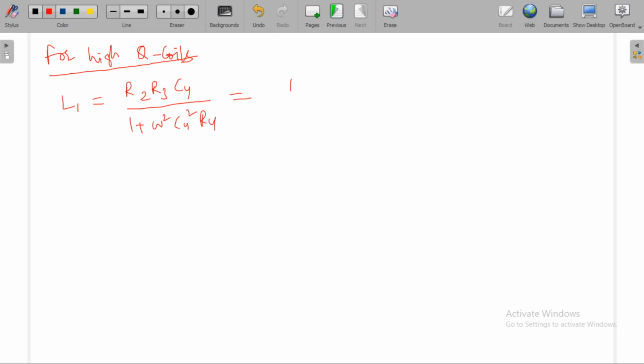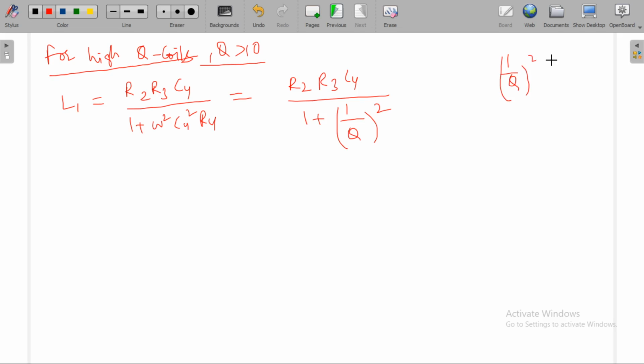This can be written as R2 R3 C4 by 1 plus 1 by Q square. For high Q coils, meaning Q greater than 10, what about this 1 by Q square?